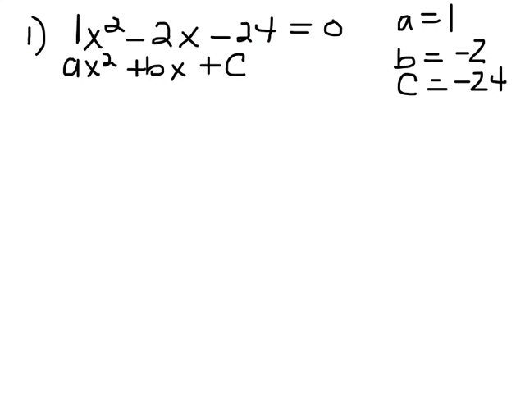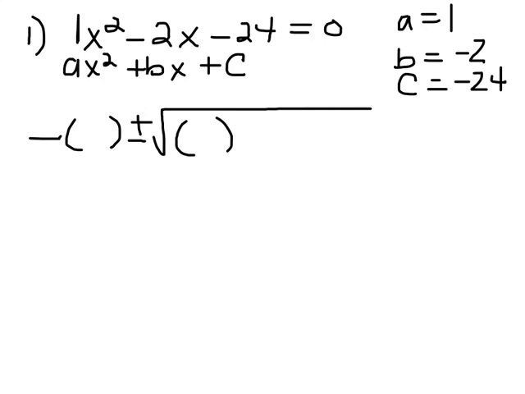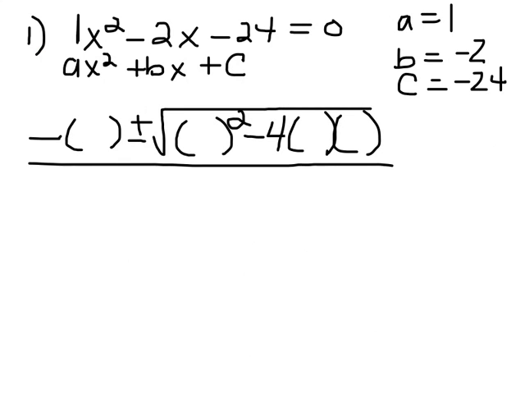All we have to do is plug in 1, negative 2, and negative 24 into our quadratic formula. Our formula is negative b plus or minus, I'll explain this a little bit later, that comes at the very end, the square root of b squared minus 4ac, and the whole thing is divided by 2a.